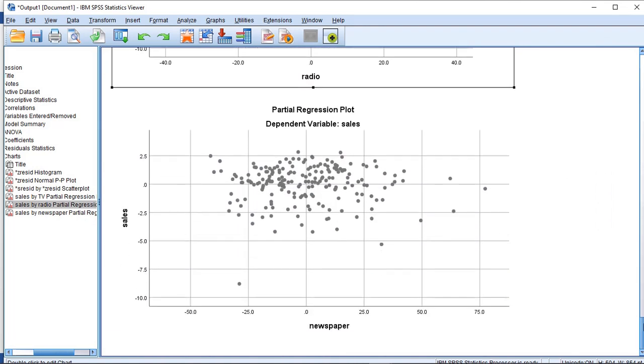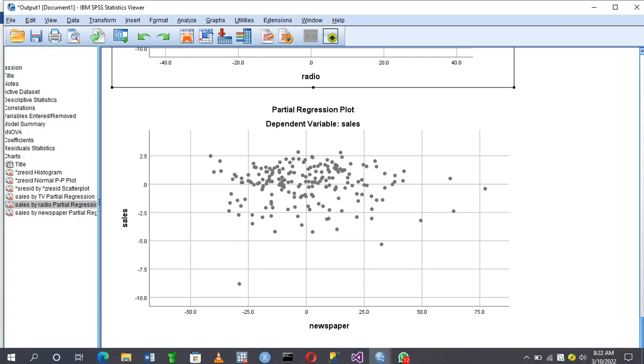We have the relationship between the sales and the newspaper. You have observed that there's a weak relationship between the newspaper and the sales. So these are the partial plots that I was talking about.